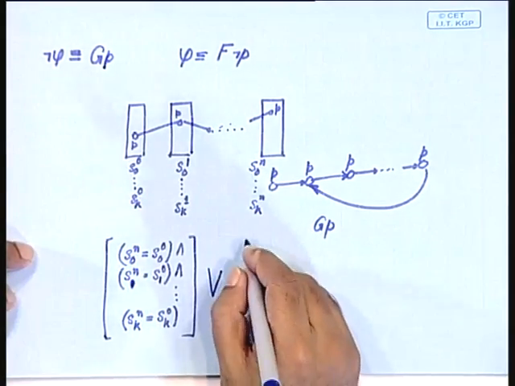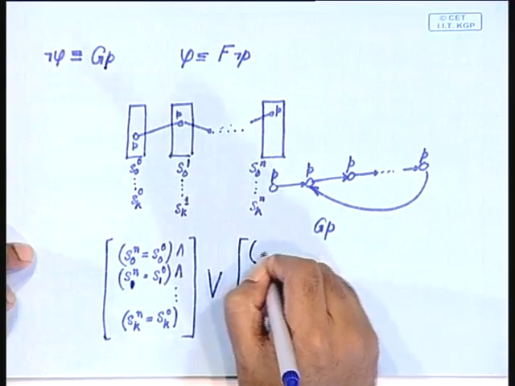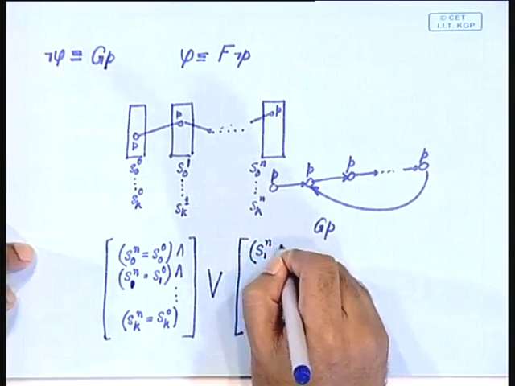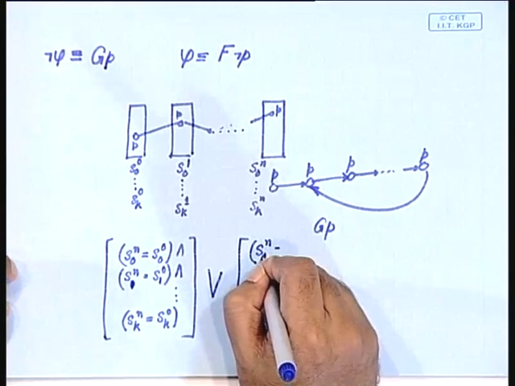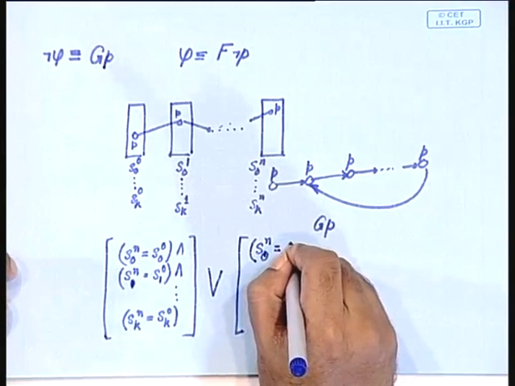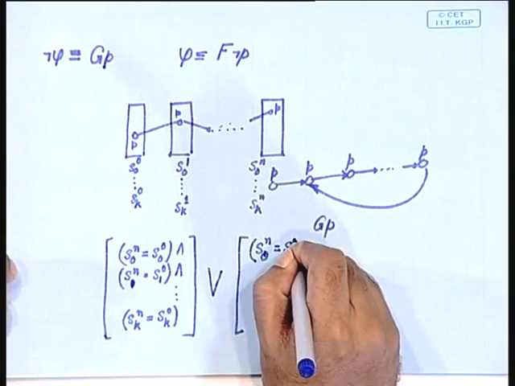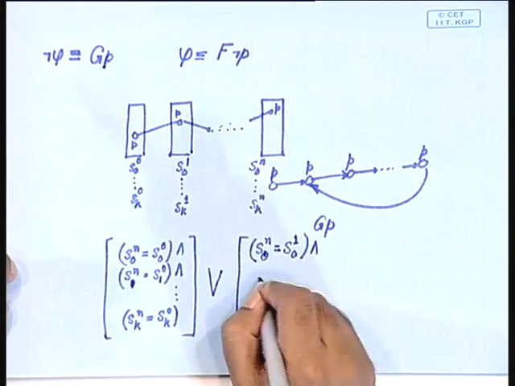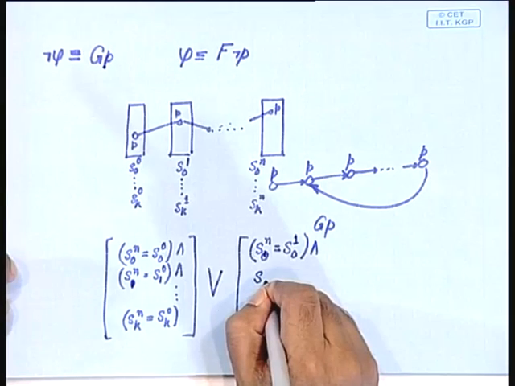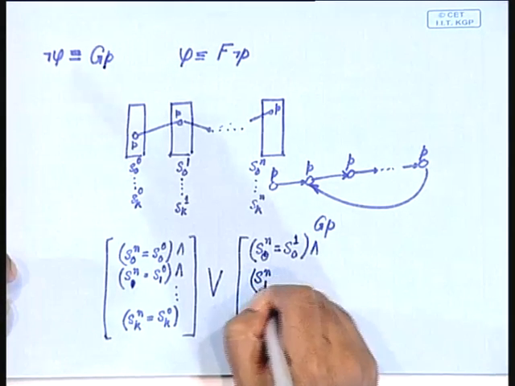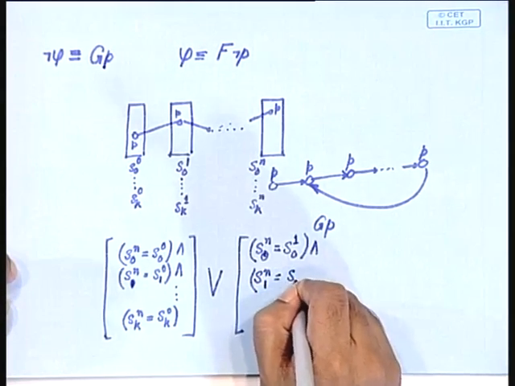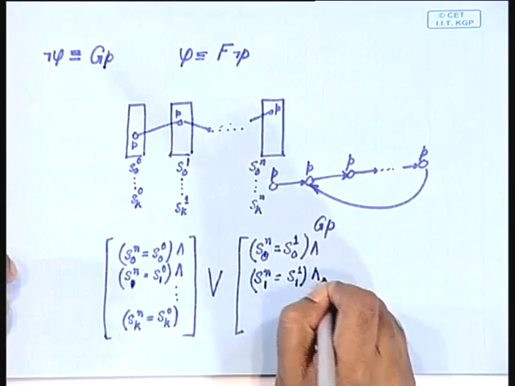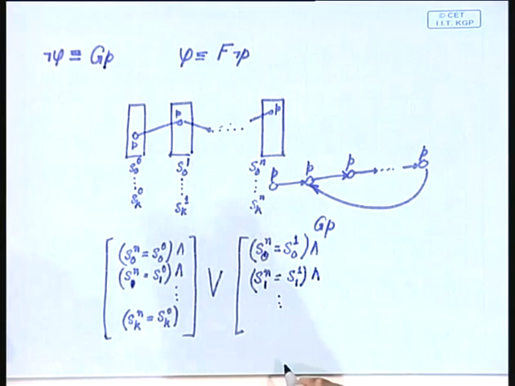Or, sorry, S0n equal to S01 and S1n equal to S11, and are you getting it?